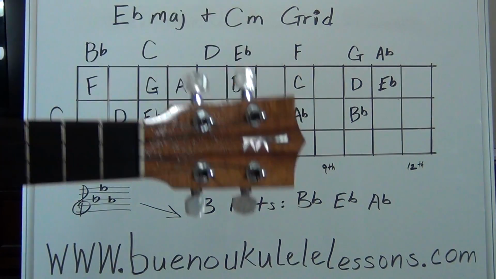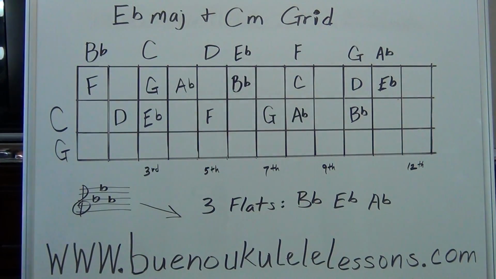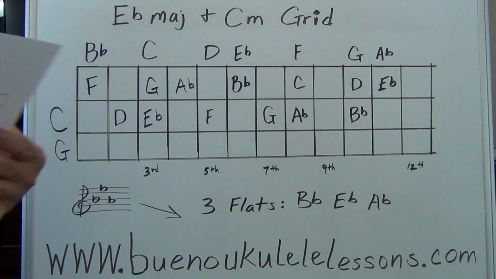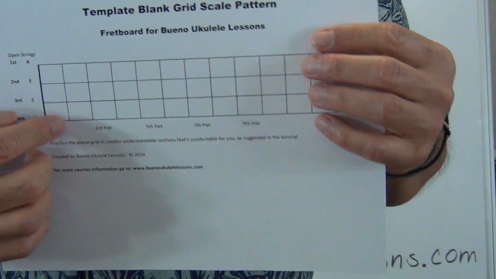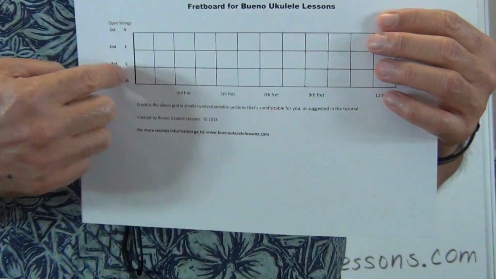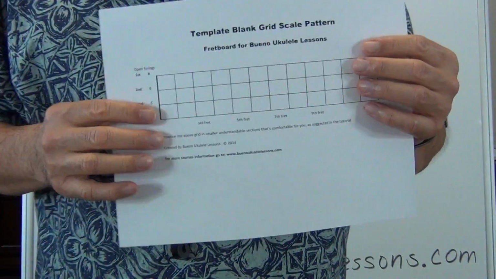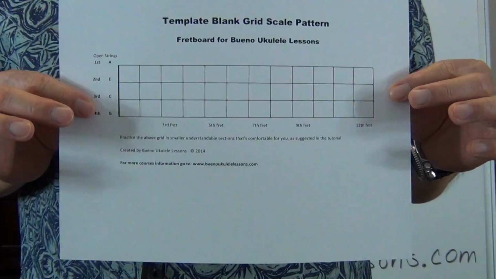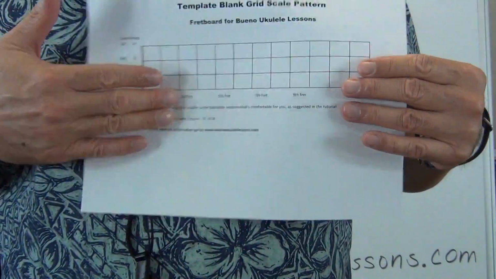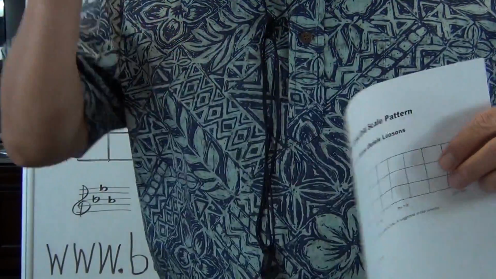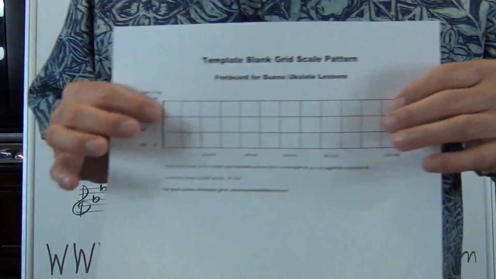And I also want to recommend that you make up your own scale patterns and melodic lead lines by using the template of the blank grid, and write in your own little creations and creative melodic lines, and keep the ones you like, discard the ones you don't like. You can make as many copies of these as you want, and by all means have fun with it, really enjoy it.